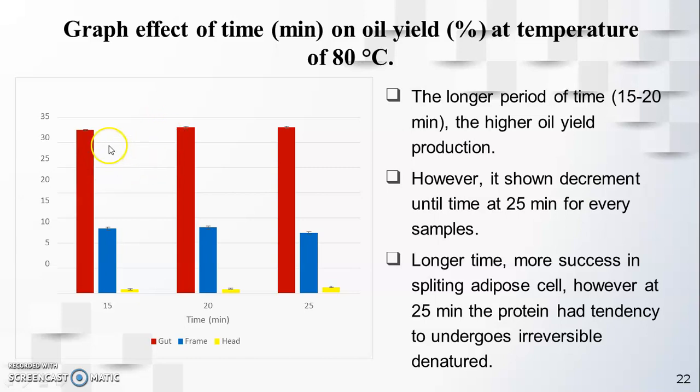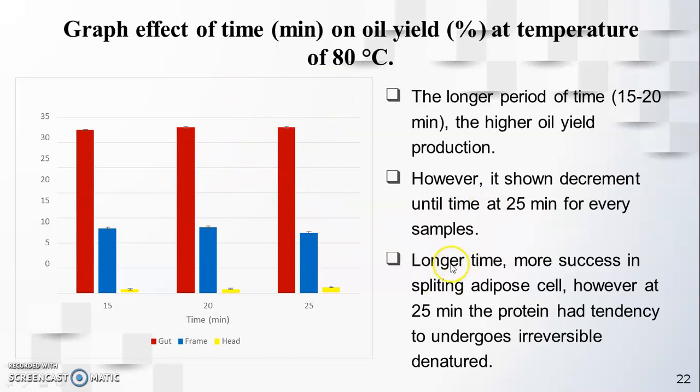However, it shows a decrement until the time of 25 minutes for every sample. From 15 minutes until 20 minutes, the graph showed an increment and then showed a decrement until the time was 25 minutes.